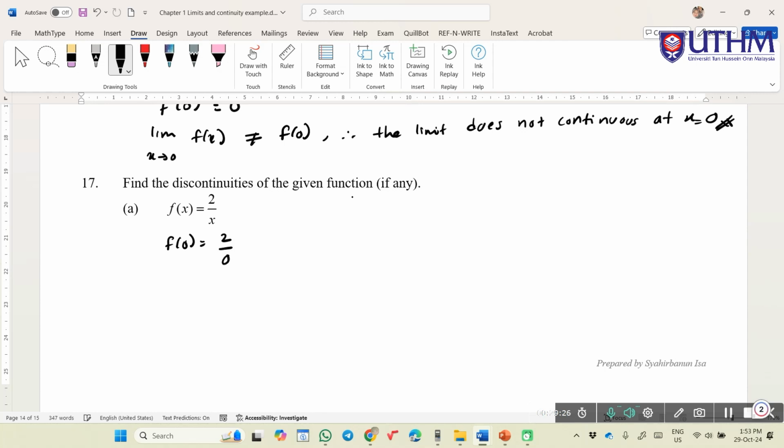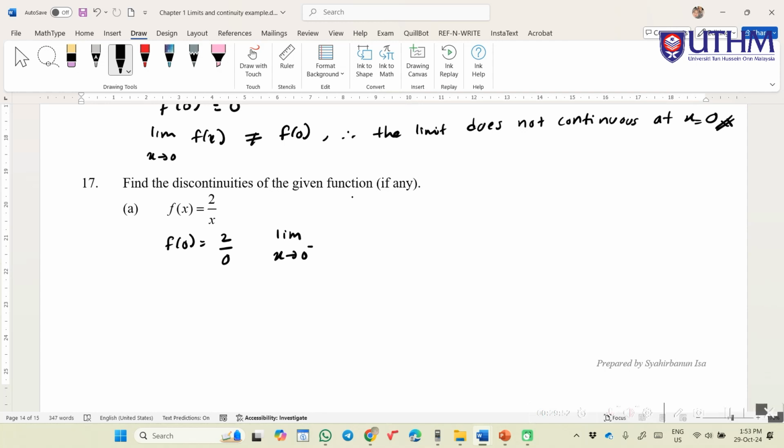Okay, so this is the obvious calculation. If we talk about the limit, remember that for this kind of function we need to check from the left hand side. The limit does not exist.